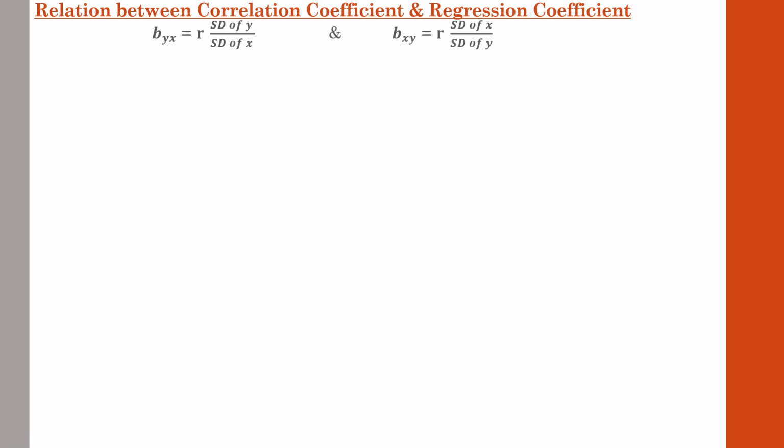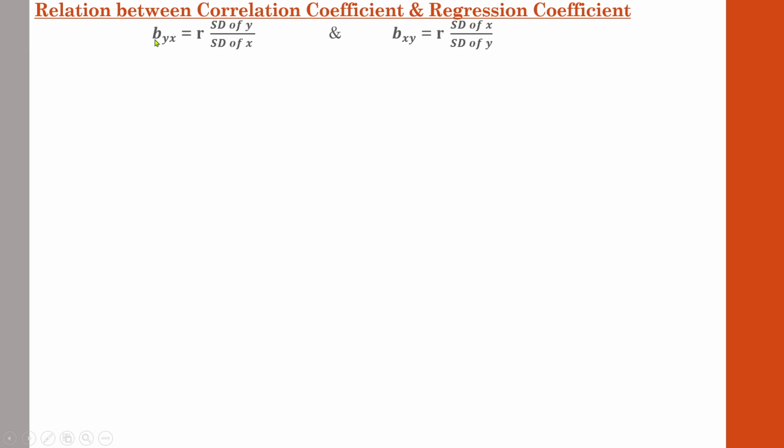The regression coefficients byx and bxy are related to correlation in such a way that byx can be computed using this equation, where r means correlation coefficient. r is multiplied by the standard deviation of y divided by the standard deviation of x.